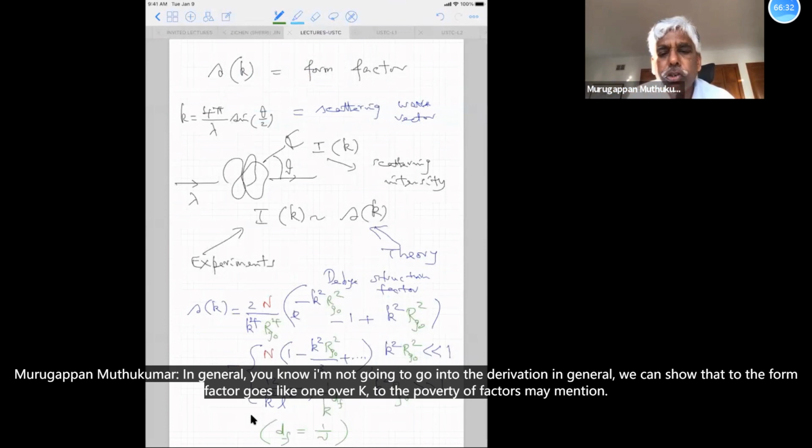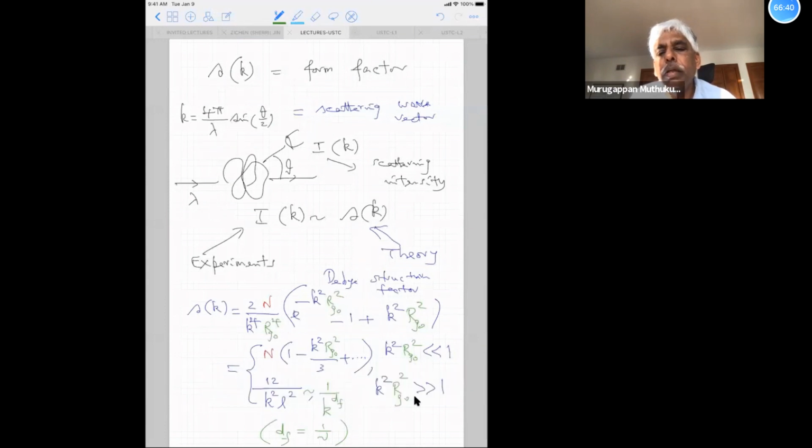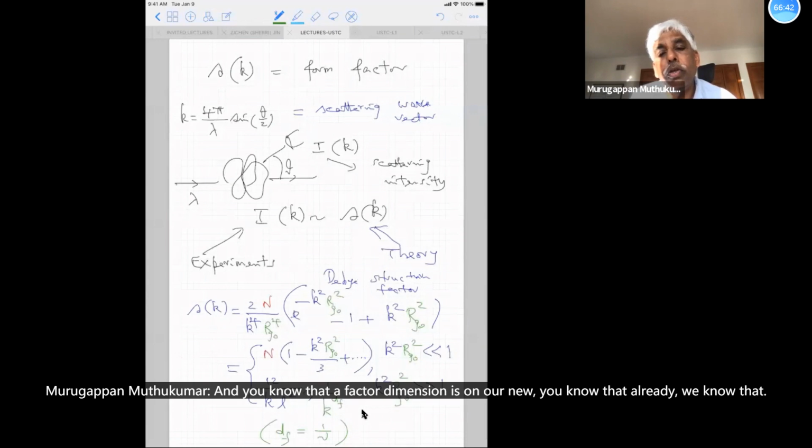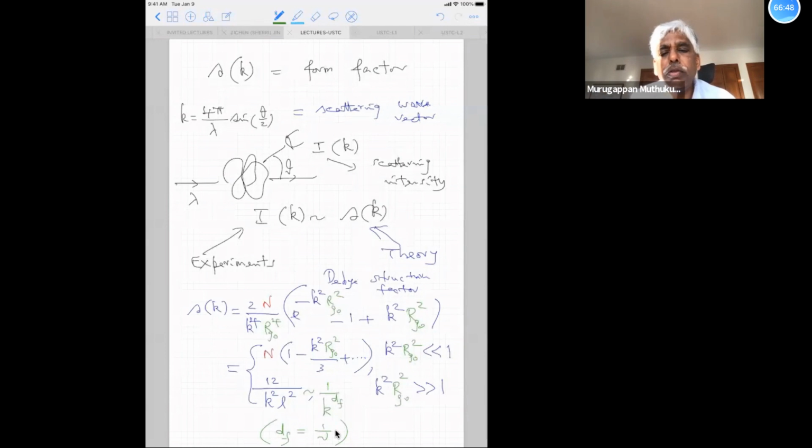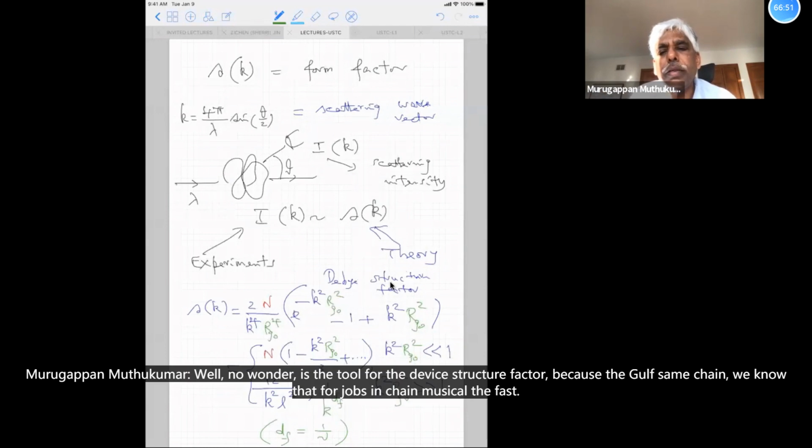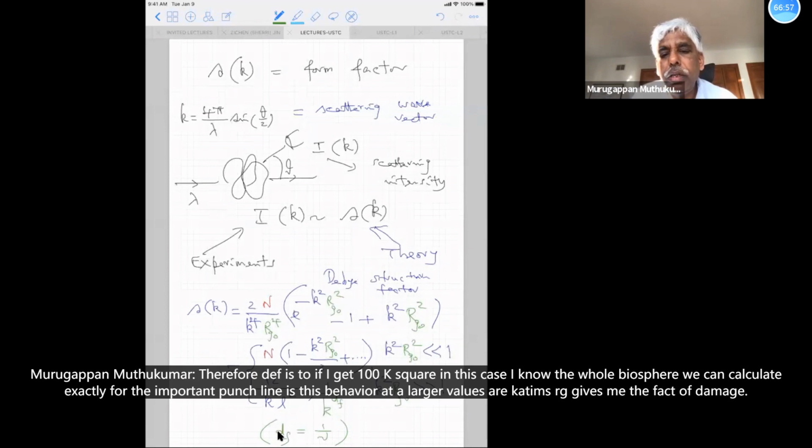In general, we can show that the form factor goes like 1 over K to the power df, the fractal dimension, in this limit. You know that the fractal dimension is 1 over mu. No wonder it's a 2 for the Debye structure factor, because it's a Gaussian chain. For a Gaussian chain, mu is equal to half. Therefore, df is equal to 2. Therefore, I get 1 over K squared.